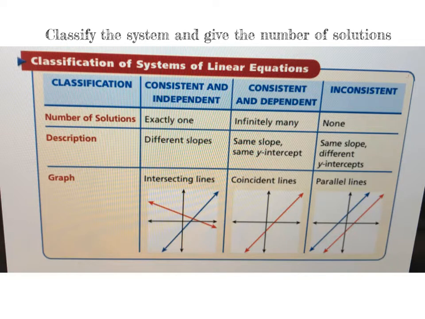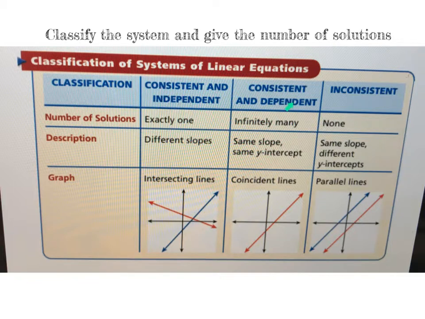Because the word consistent means you got some sort of an answer. If you get only one answer, it's independent. If you get infinite solutions, it's dependent. So if you get a solution, it's consistent. If you get only one answer, it's independent, because they only cross at 1 point.